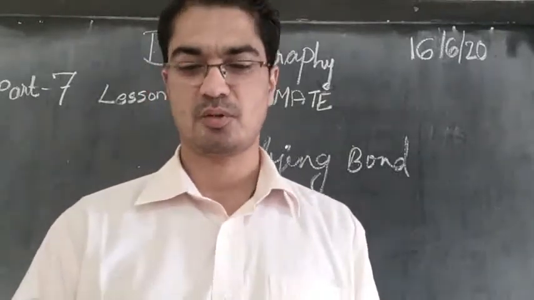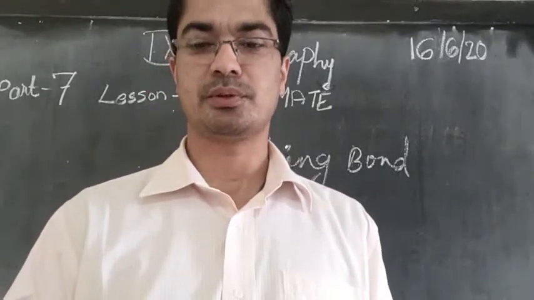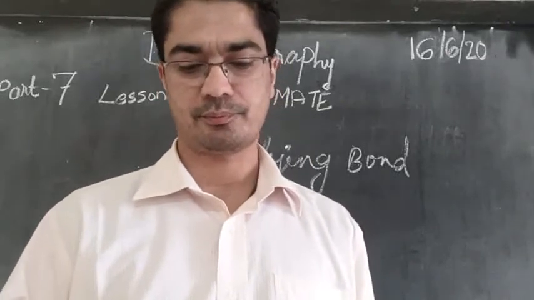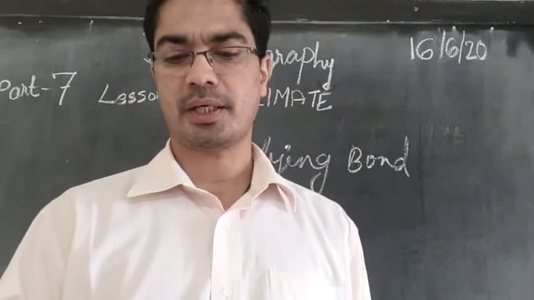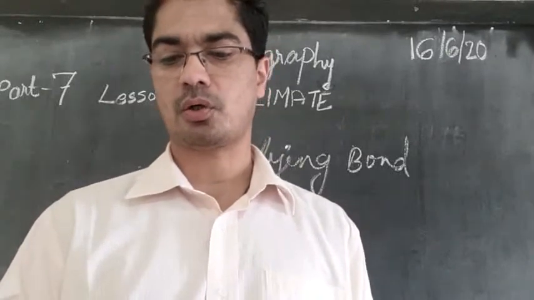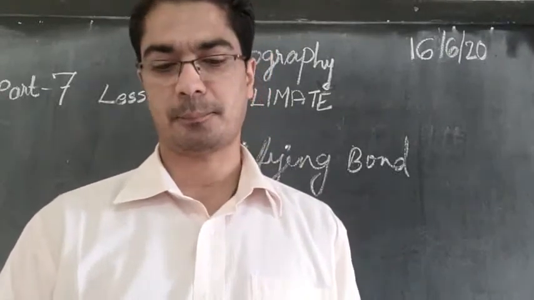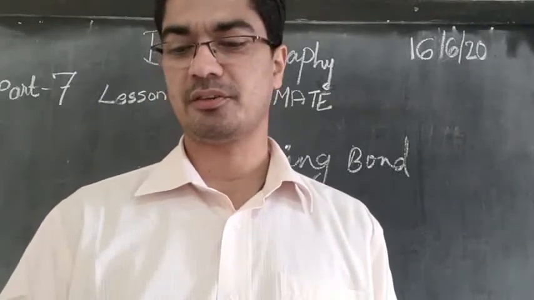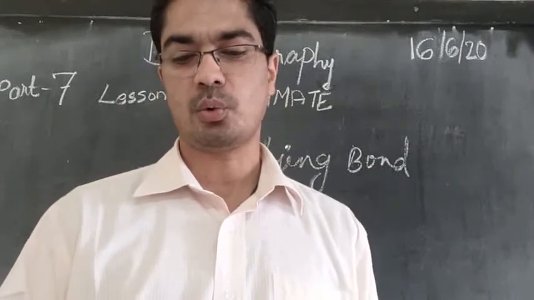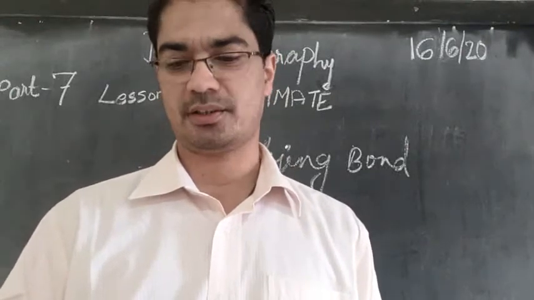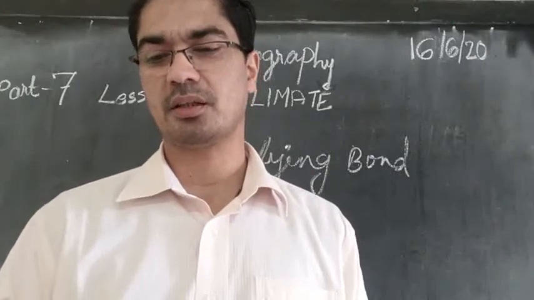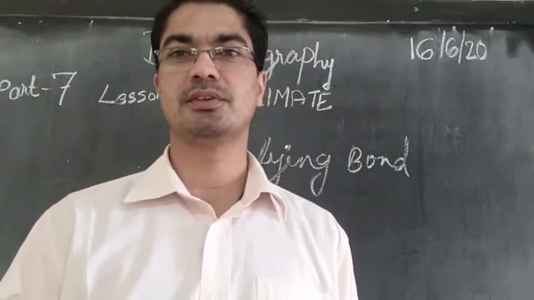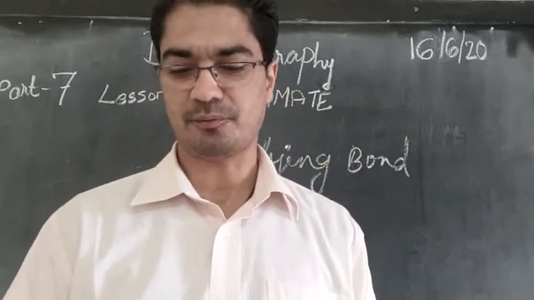The month of early June, number C. Then number 5. Which one of the following characterizes the cold weather season in India? What is the character of the winter season in India? Cool days and cold nights, number C. That is a special character of the winter season in India.